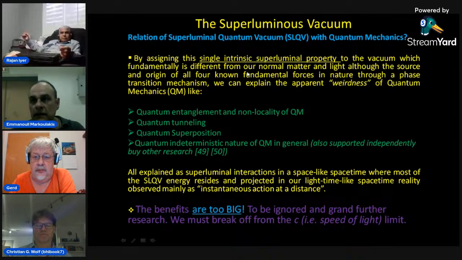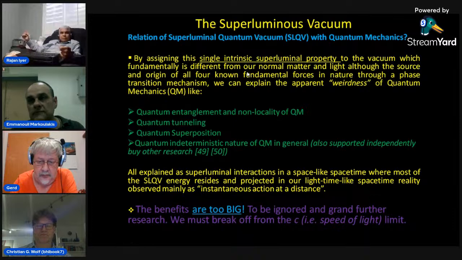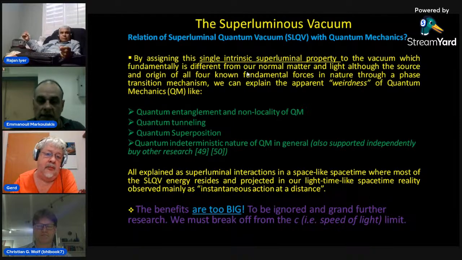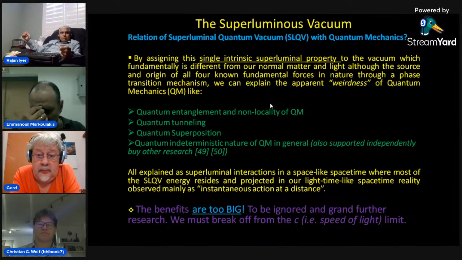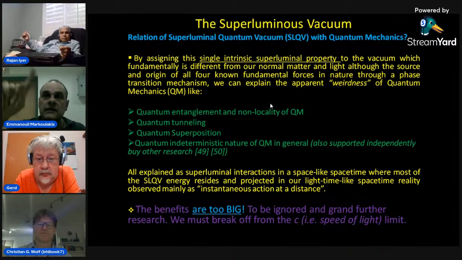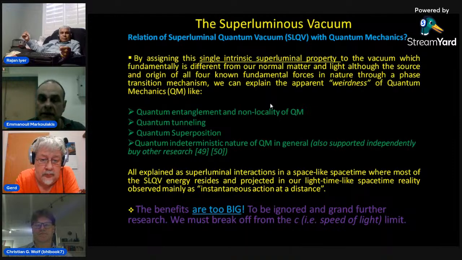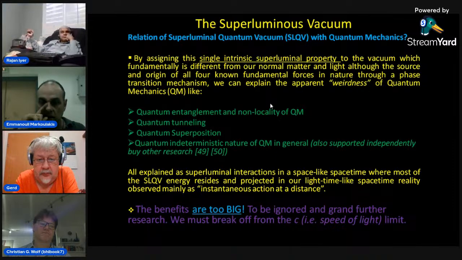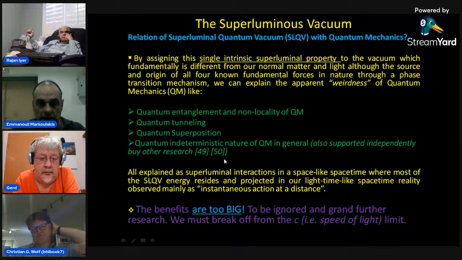This is my novel idea. Eckert and Dragan say that if we extend special relativity to include superluminosity, then all the quantum weirdness of the quantum world can be explained. You can access these papers under these reference numbers in my currently published paper.